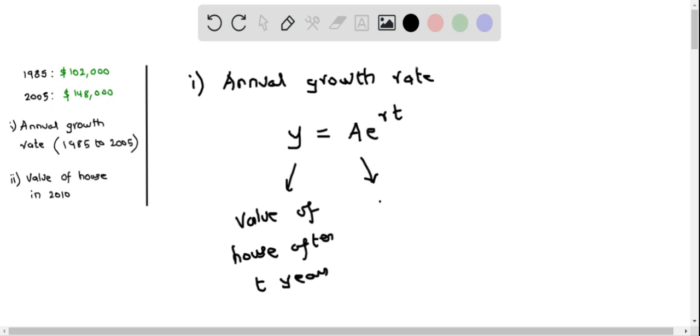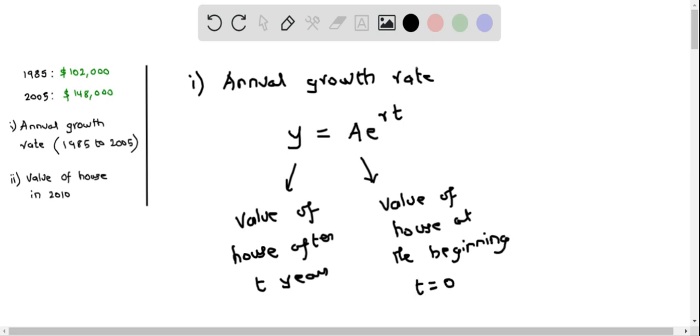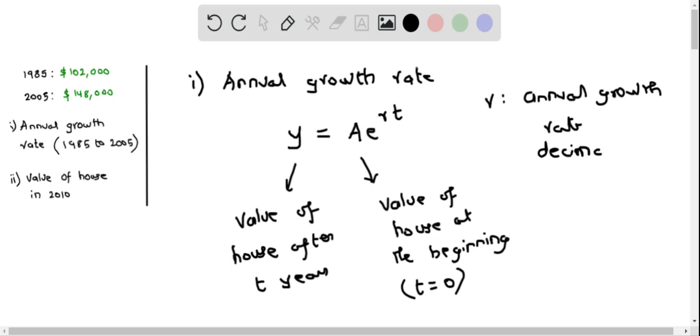a represents the value of house at the beginning of the year, or we say that when t equal to 0, and then r corresponds to the annual growth rate, and this will be in decimals when we use this in the formula, and t is the time in years.